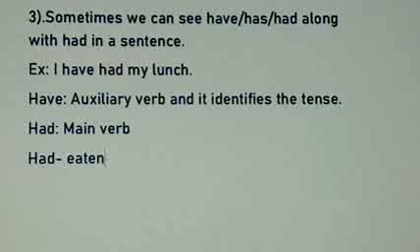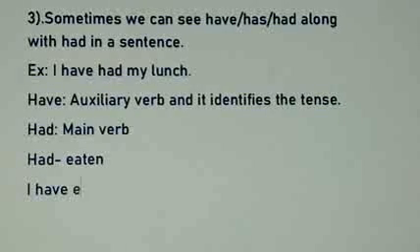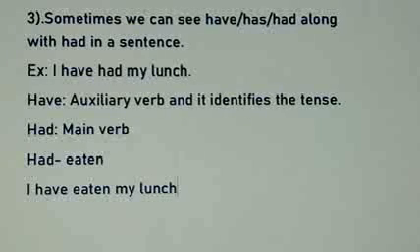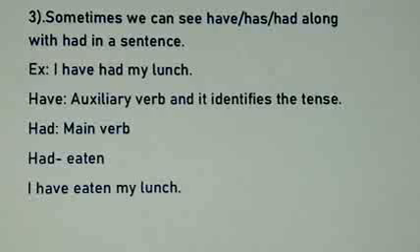It means you can also write that I have eaten my lunch, but in the place of eaten, a shortcut which we have used, or you can say in the grammar, we need to use that I have had my lunch. Okay, we can also write over here that I have eaten my lunch.